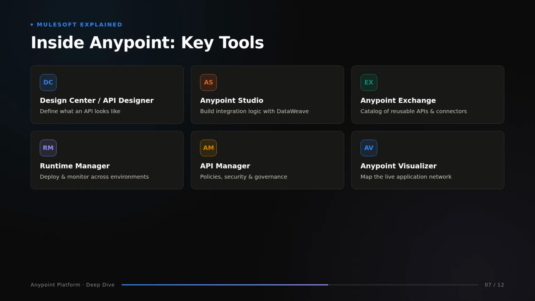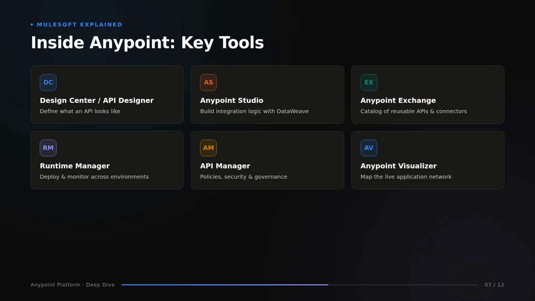Inside Anypoint Platform, a few tools do most of the work. Anypoint Design Center and API Designer are where you define what an API looks like. Anypoint Studio is the developer environment, built on Eclipse, where engineers build integration logic, often using MuleSoft's own data transformation language called DataWeave. Anypoint Exchange is a searchable catalog of reusable APIs, connectors, and templates, so teams don't rebuild what already exists.